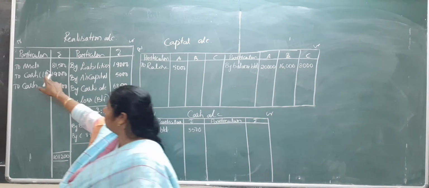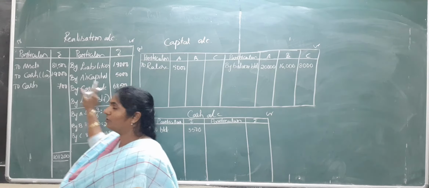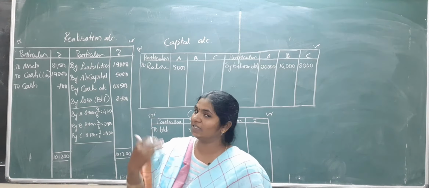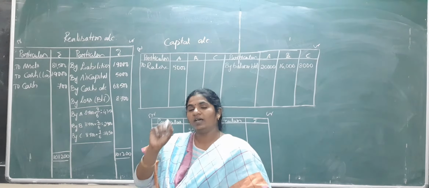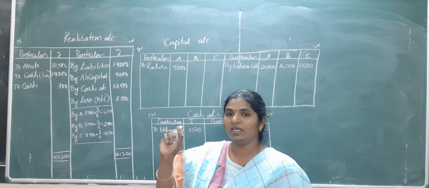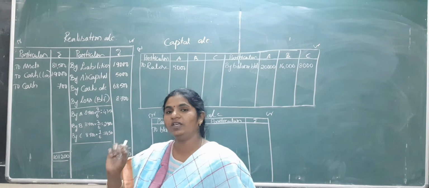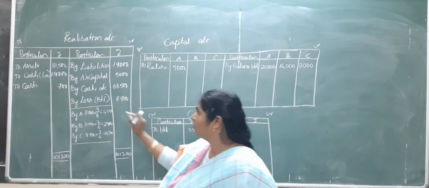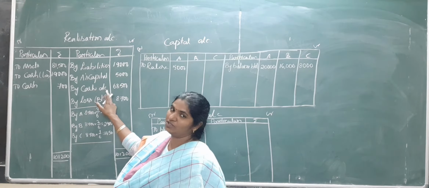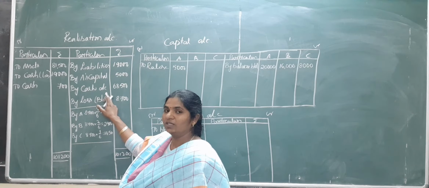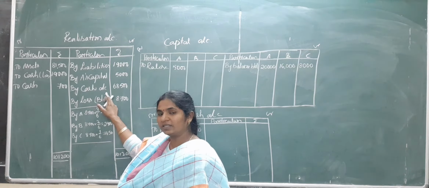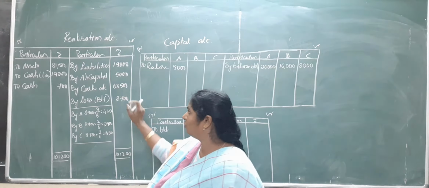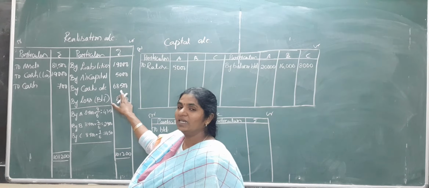You can show all the assets separately, but you are not doing so, because all assets are transferred to realization. So only the realization account is held and shown in the books of accounts. You have written here cash account debit to realization, stock, debtors and plant and machinery. Total realizable value is 68,500.